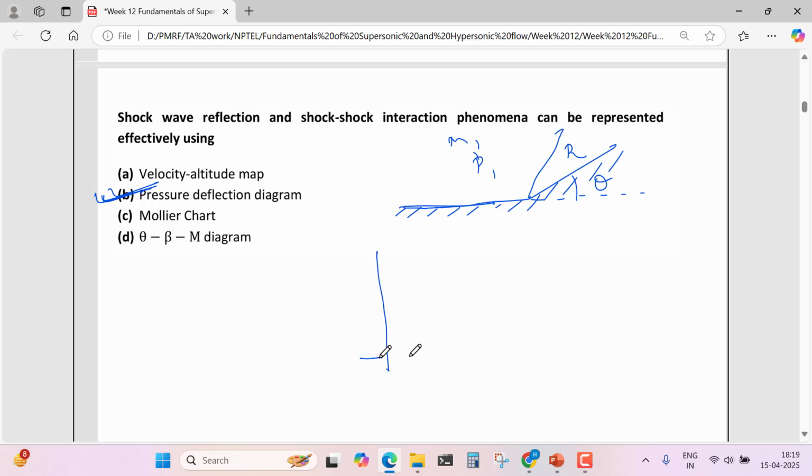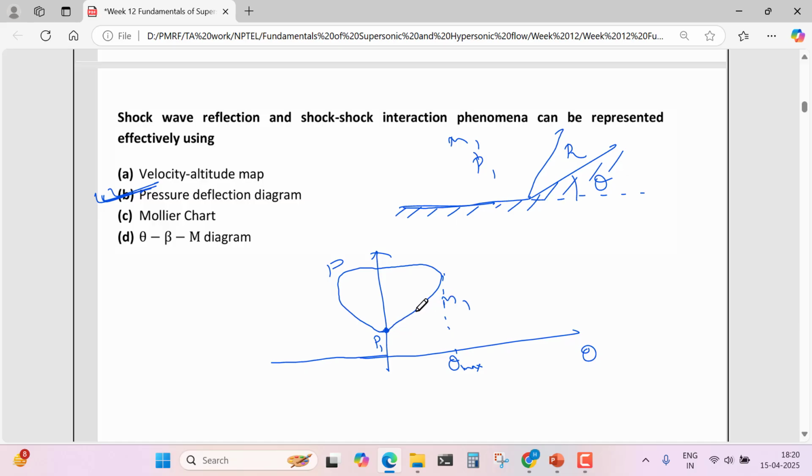So if this is theta and this is pressure P, and this point is P1, then for a Mach number M1 you can draw one curve. I have not made it properly, but it is somewhat like this. For Mach number M1, we can draw one pressure deflection diagram, but this will be up to theta max.